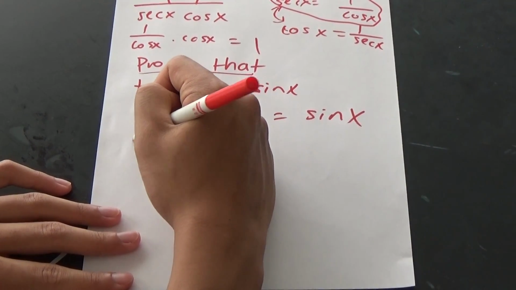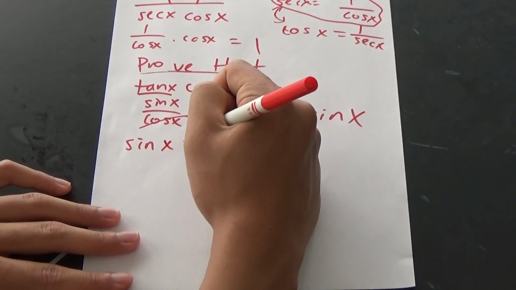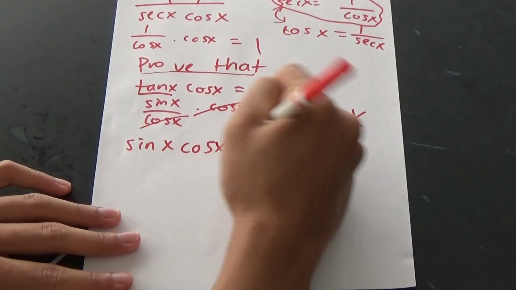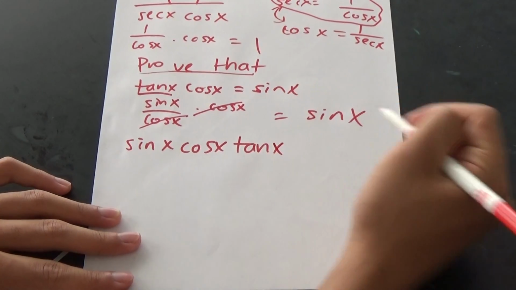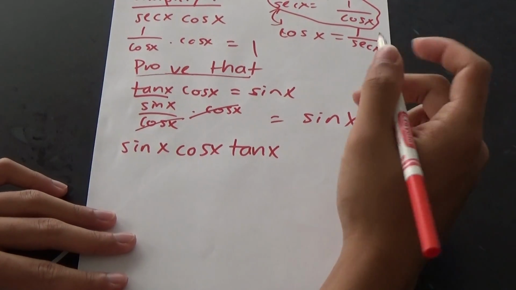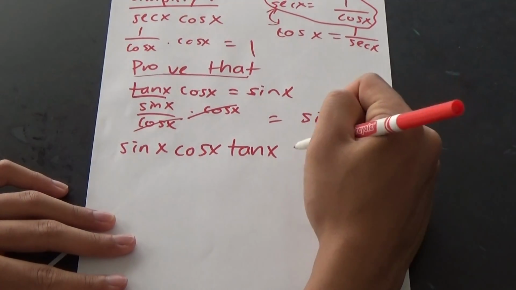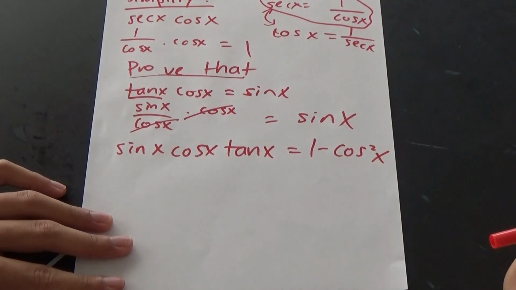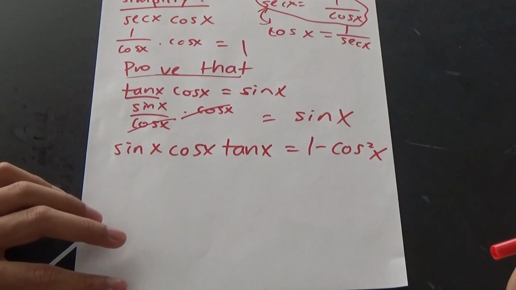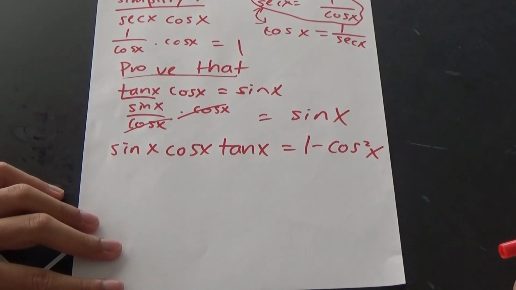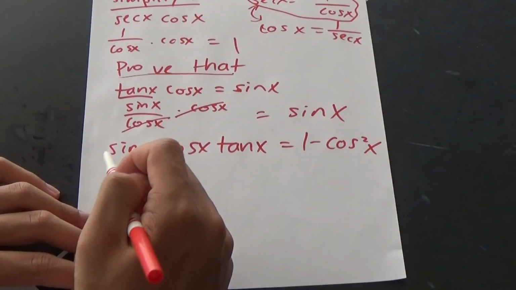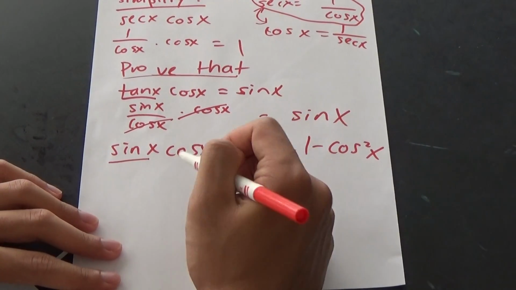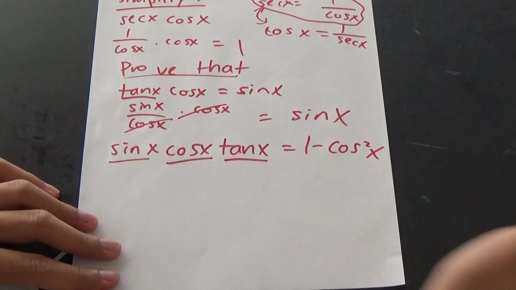Sine x, cosine x, tan x. Yeah, I know, that's really ugly, right? Equals 1 minus cosine squared x. So, just like the last problem, you have a sine, a cosine, and a tan.